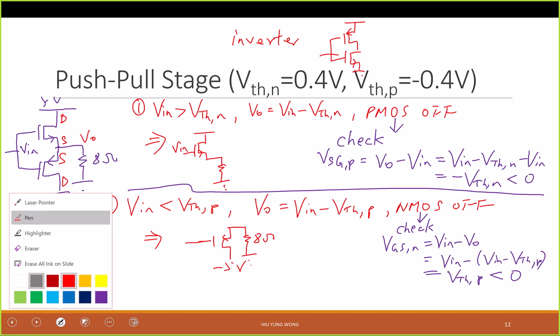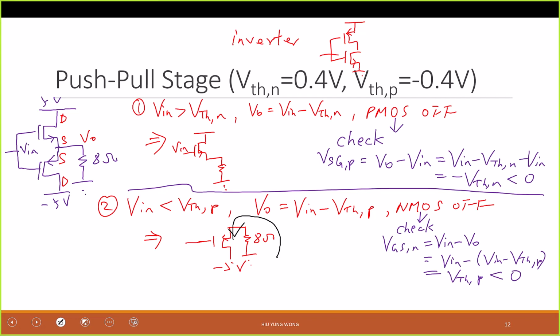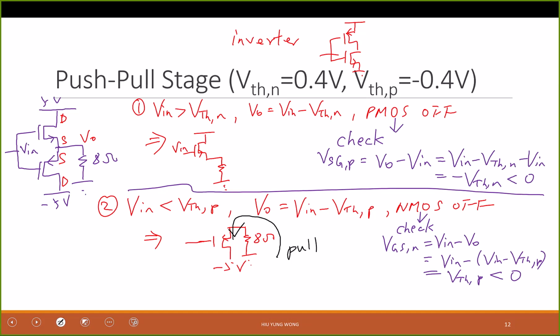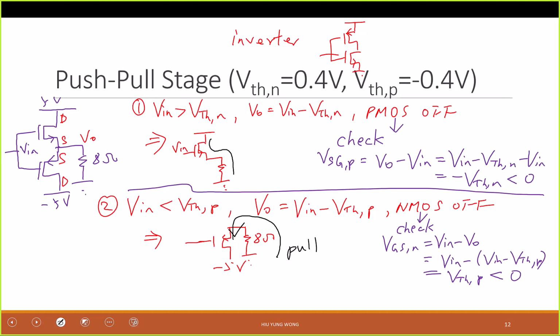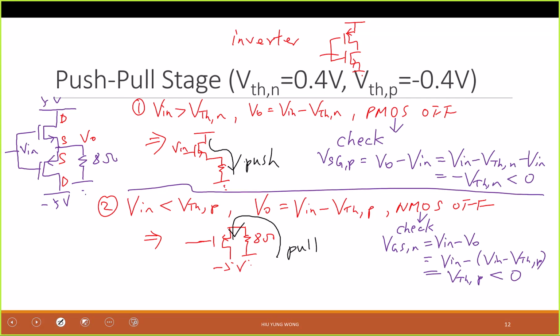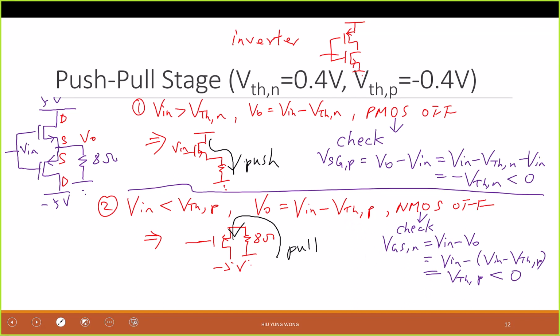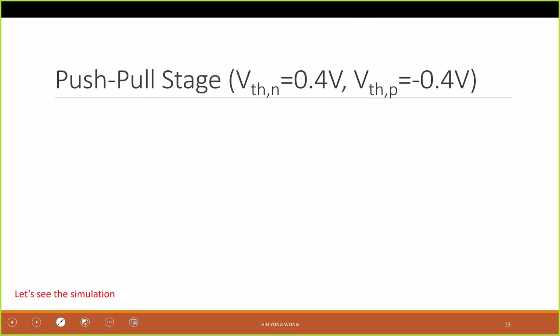And what I want to say is that now the current is going from here to here. That's why you pull the current. In this case, current is going from here to here. You push the current. That's why it's called push-pull. Okay? So we have this one. Is that okay? Any questions?